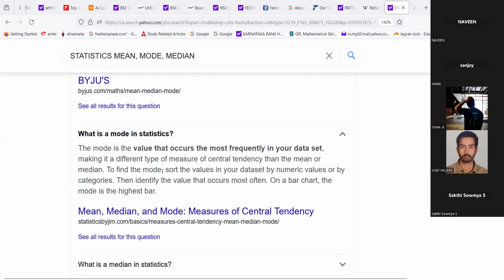To find the mode, sort the values in your data set by numeric values or by categories. Then identify the value that occurs most often. On a bar chart, the mode is the highest bar.